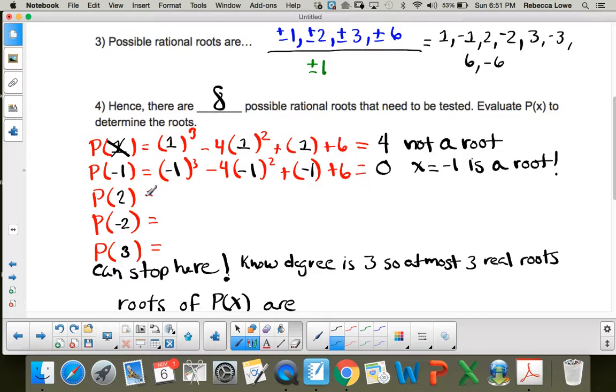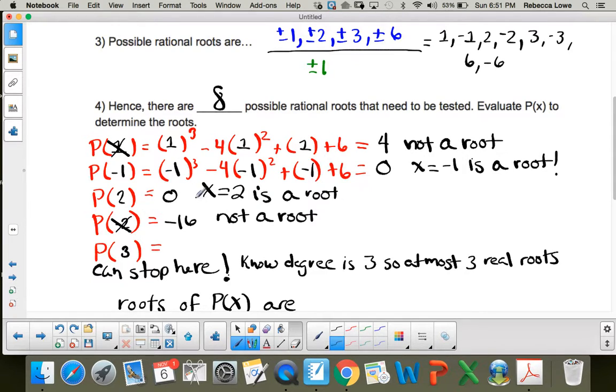I repeat the process for p of 2. That happens to be 0 as well. So x equals 2 is also a root. I do the same thing for p of -2. P of -2 winds up giving you -16. So it is not a root. X equals -2 is not a root.